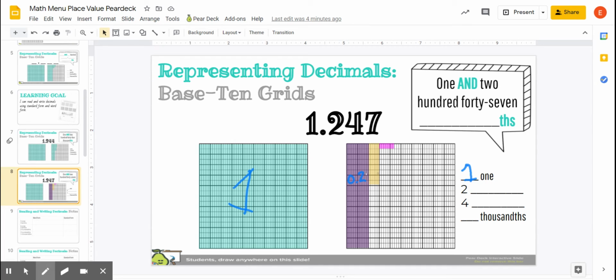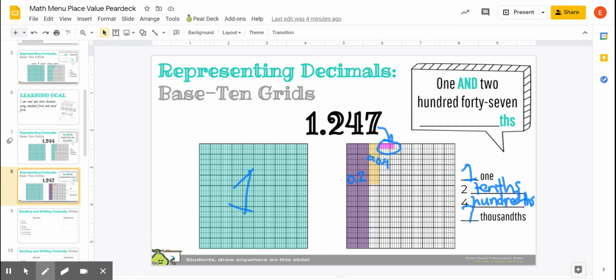So these rods, the purple, those are tenths. Then I have my 4 hundredths. So there's the 4 hundredths. It's getting too small for me to write, but these are hundredths. 4 hundredths. And then these are my thousandths. And I have 7 thousandths.